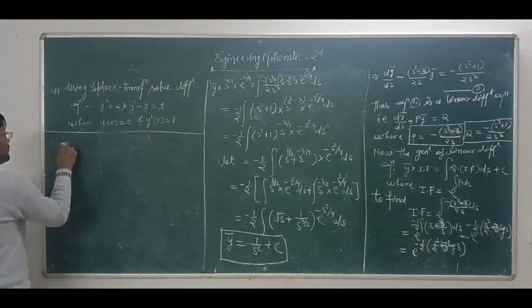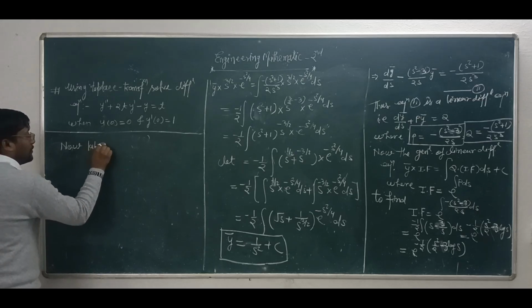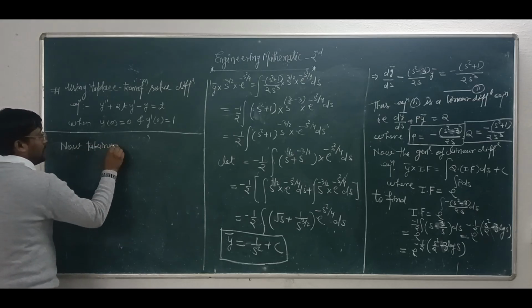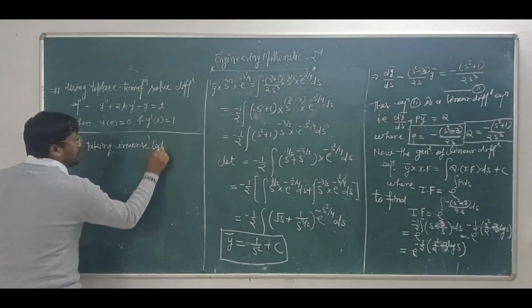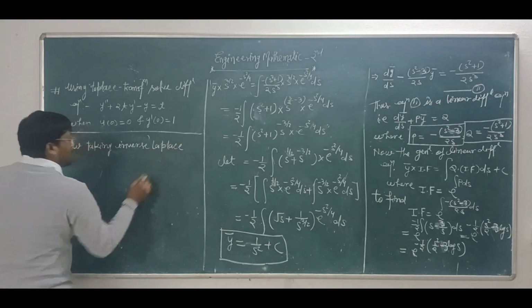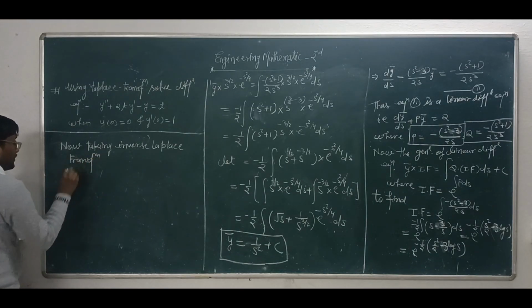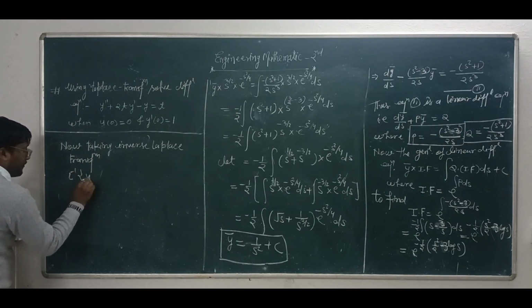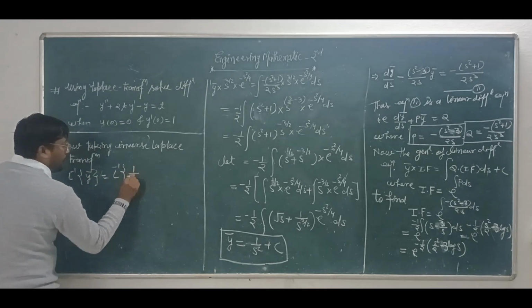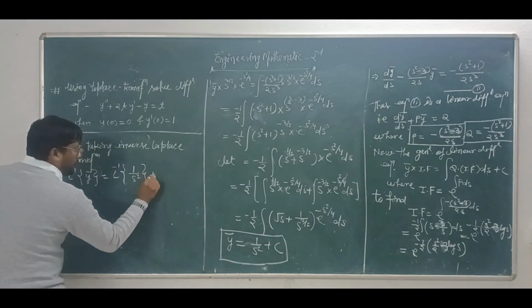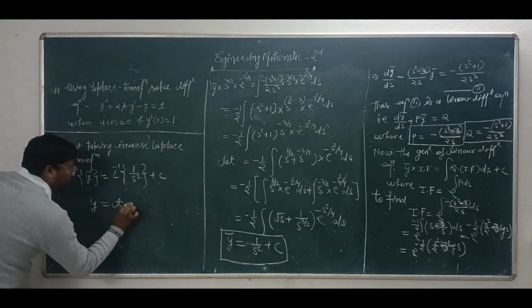Now taking inverse Laplace transformation, inverse Laplace of y bar is equal to inverse Laplace of 1 upon s square plus c. This means y is equal to t plus c.